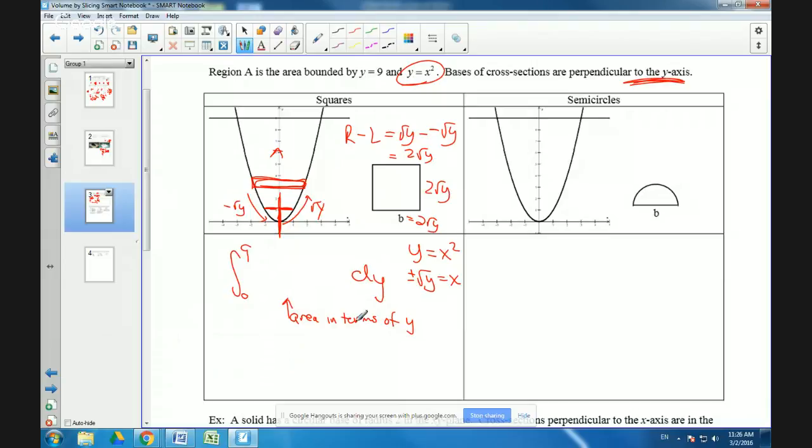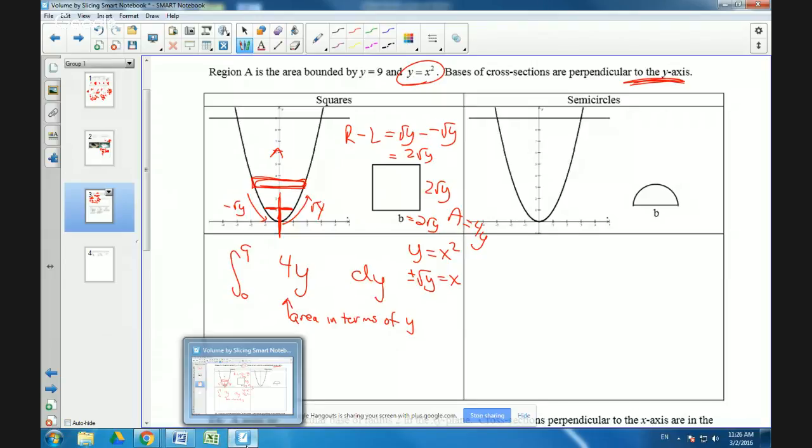What's the area of that shape then? 4y. Root y times root y is y. It's the meaning of life, it's y. Just accept it as it is.